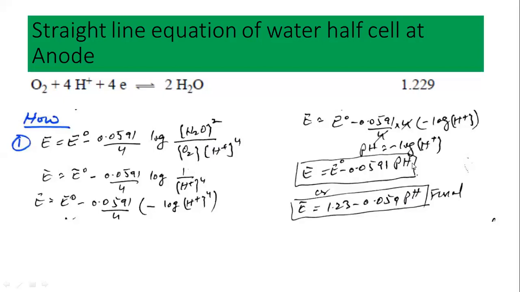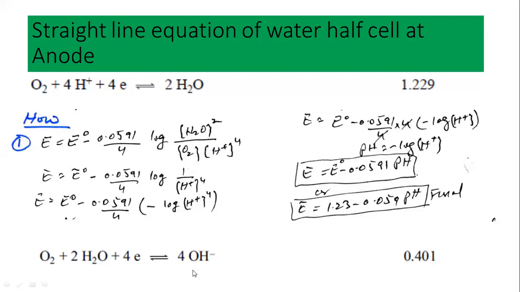And now you can put the value of the pH in place of the minus log hydrogen ion concentration, and the equation will become E is equal to E naught minus 0.0591 pH, and E naught here is 1.229 or 1.23, minus 0.0591 pH, and this is the final equation.